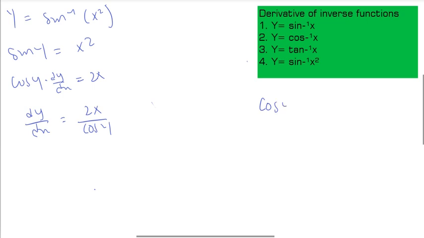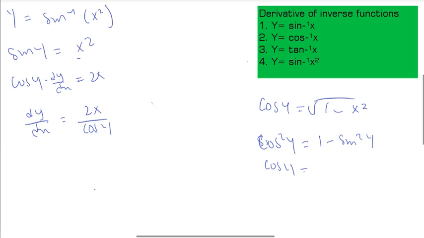Remember, we already said that cos y is equal to the root of 1 minus x squared that we got before, but this time around we're having x squared here, so we have to actually define it. We cannot just say this is going to be cos y, because this time around sine y is equal to x squared and not just x, as in the case for the first question. So we have cos square y is equal to 1 minus sine square y.